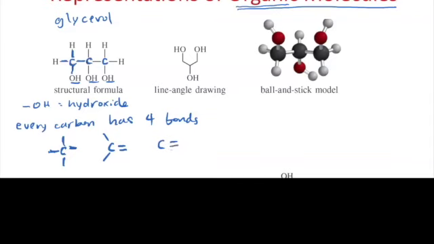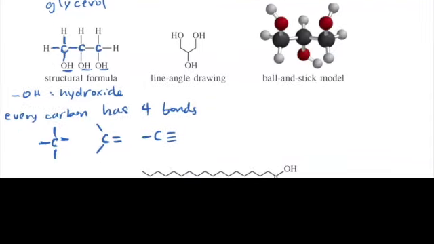Or a triple bond, which would then lead to 1 single bond. So there has to be a total of 4 bonds coming out of the carbon atom, and it can be single, double, or triple, but it has to add up to a total of 4 bonds. So there are 4 bonds coming out of this carbon on the left, this carbon in the center, and this carbon on the right, and that's true of every carbon in every organic molecule.